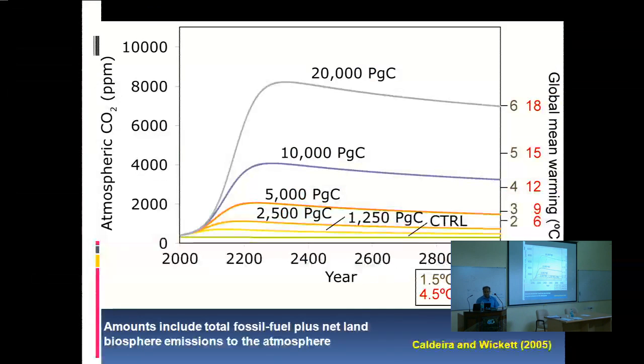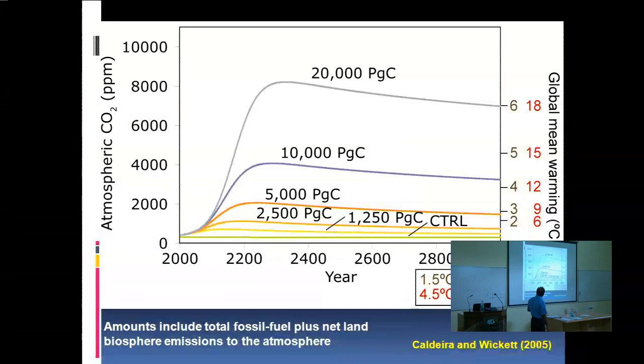Okay, there is one more slide, I think. This is again for the same amounts of carbon emissions. We are understanding either temperature or carbon dioxide level much more clearly than other things, so this is for atmospheric CO2.